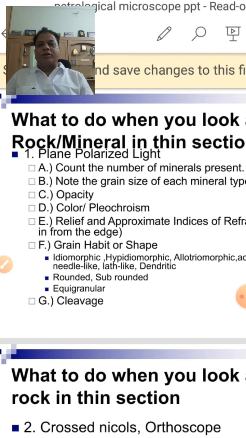Now, depending upon the quality of the microscope and our requirement, there are different magnification numbers. A simple microscope is just a magnifying instrument, but our polarizing or petrological microscope has additional attachments of Nicol prisms.